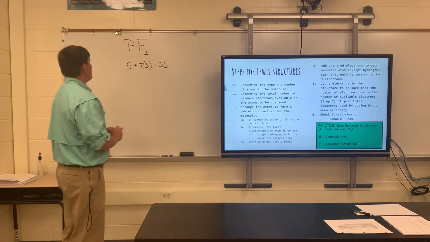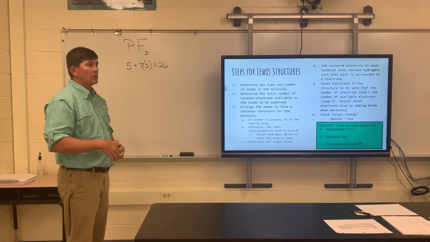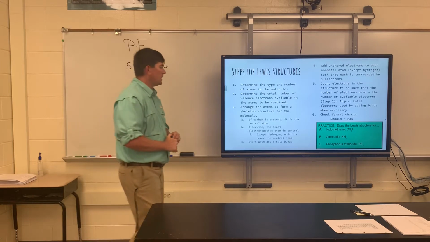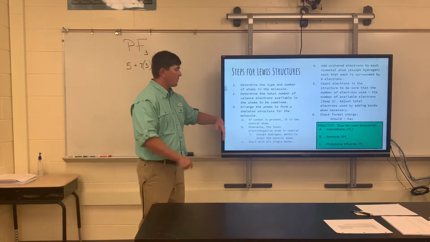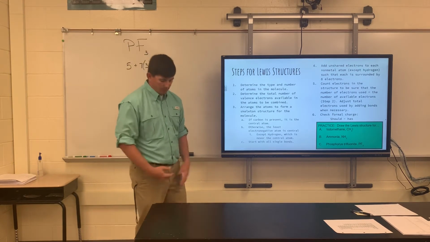So we got to decide. Okay, we've got 4 atoms here. We've got a phosphorus and we have 3 fluorines. Which one of them goes in the middle? Does one of the fluorines go in the middle, or does the phosphorus go in the middle? There's not a central atom of carbon, so we don't have to worry about that. But we're looking for the least electronegative atom.